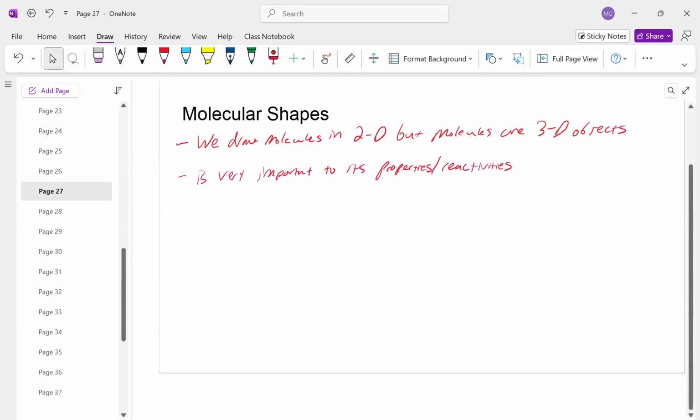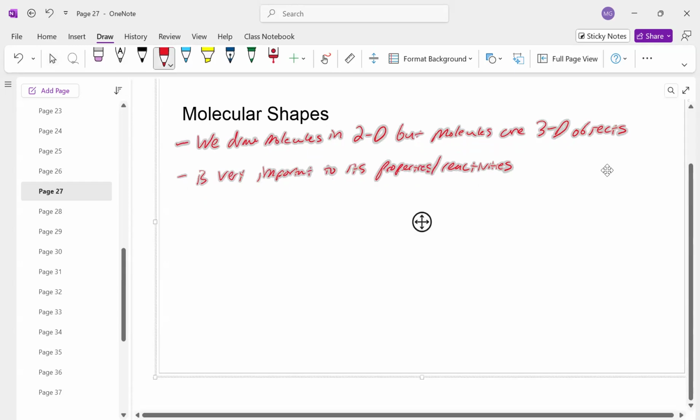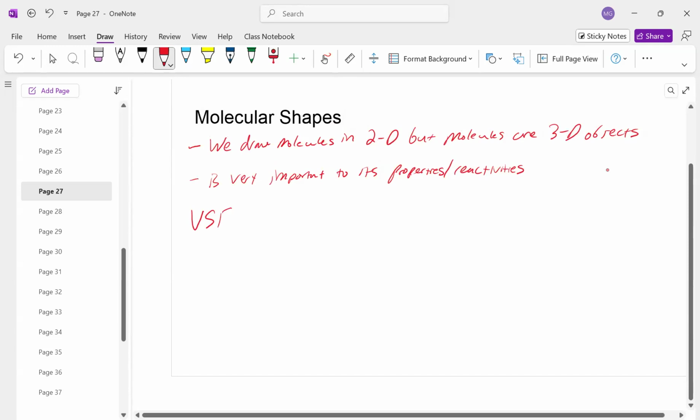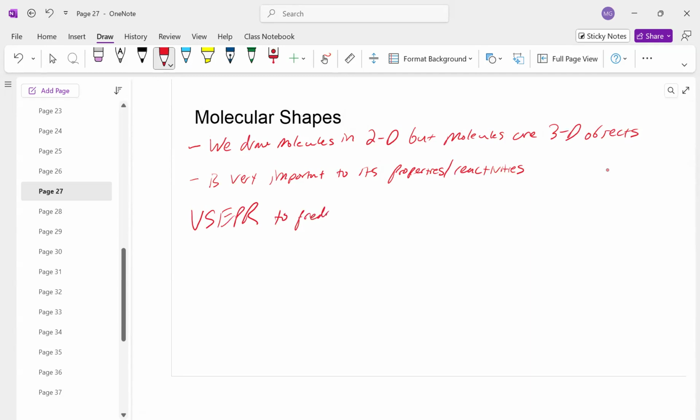And these molecules don't just take any sort of random shape or whatever our imagination can conjure. We use a model called VSEPR to predict the shape of central atoms. And I want to highlight here that it is possible, and very, very common actually, for molecules to have a variety of different shapes because the atoms are different throughout a molecule.